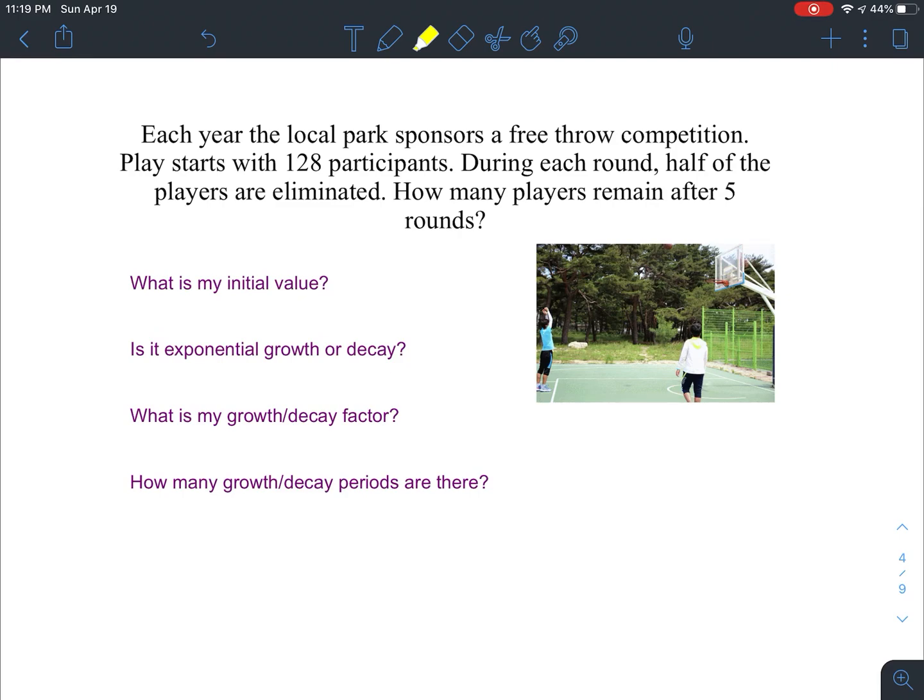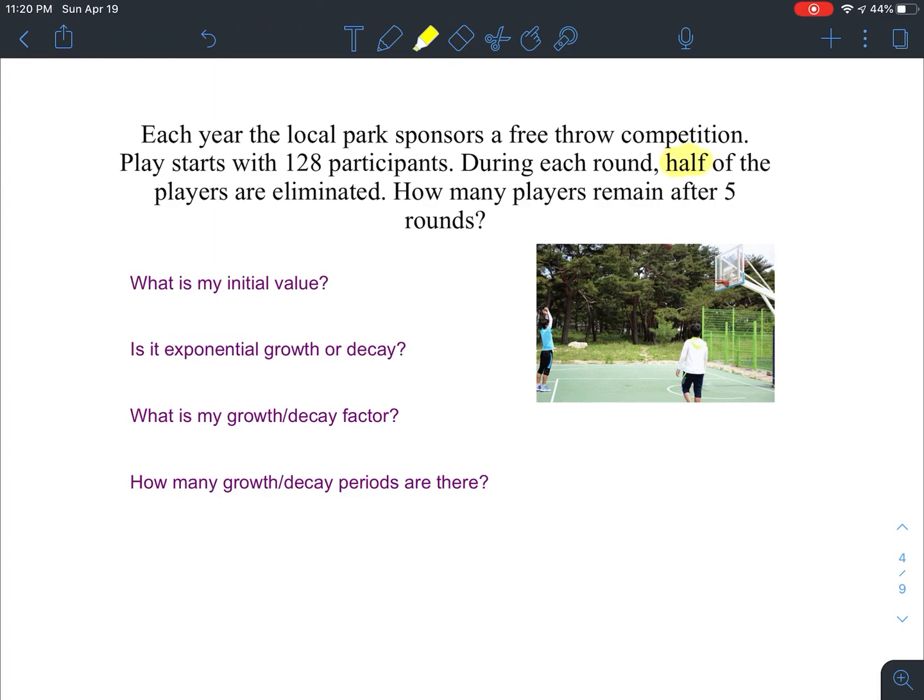Well, you know this is going to be exponential growth or decay because we're in the exponential growth or decay chapter. But if this was a question on a test that had mixed questions, how do you know you have exponential growth or decay? Well, it does not have a constant change, right? It's not changing by 50 every time. It's not changing by adding 10 to something.